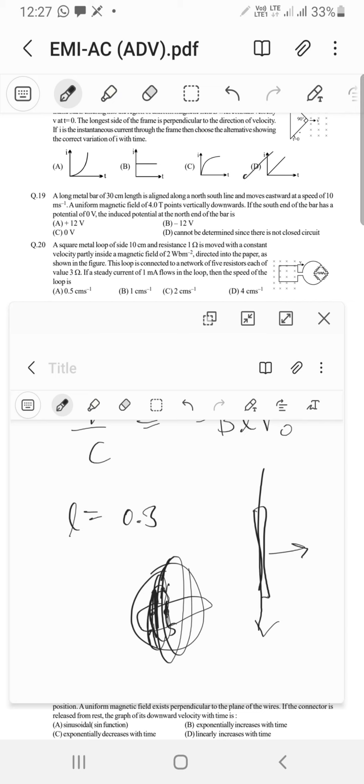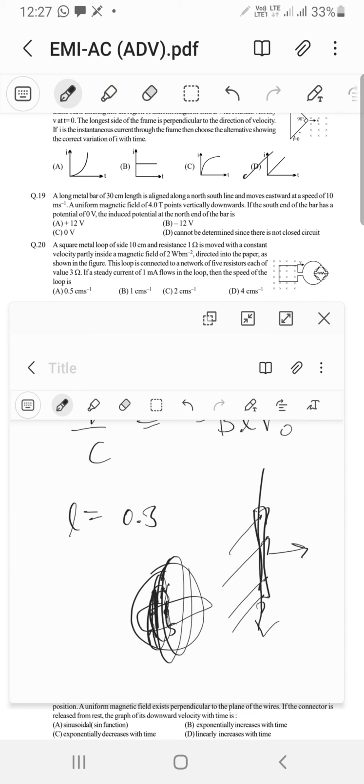A uniform magnetic field of 4 Tesla points vertically downwards. Wait, what? Points vertically downwards. Oh, okay, fine. So it's going in that direction.